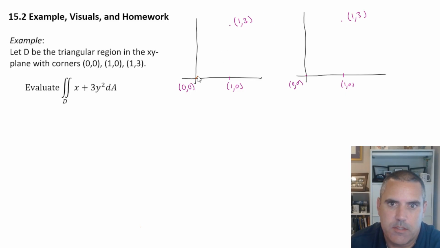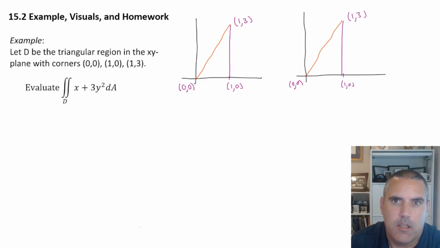And I'll label these different sides. So here I have a line. Let's use the same colors. Here we have this. And we will be able to do this problem if we can appropriately label.